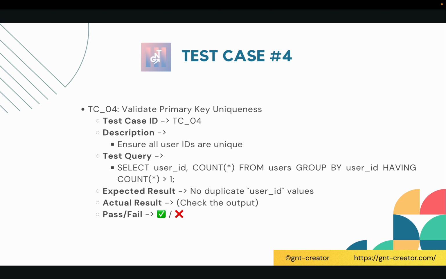Now let's see test case number 4, validate primary key uniqueness. As you can see, it has this test case ID, TC_04. Description: ensure all user IDs are unique. That's the query we need to provide to test it. Expected result: no duplicate user ID values. Let's execute this query.